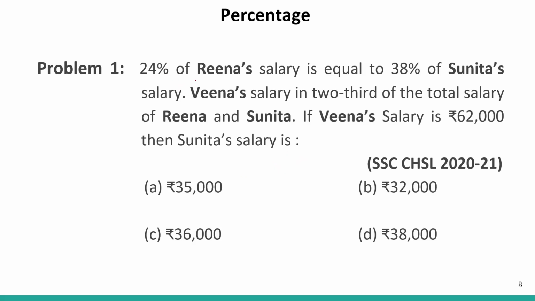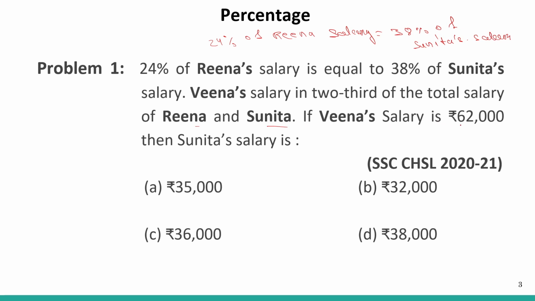24% of Rina's salary is equal to 38% of Sunita's salary. Okay. So Vina's salary is 2/3 of the total salary of Rina and Sunita.